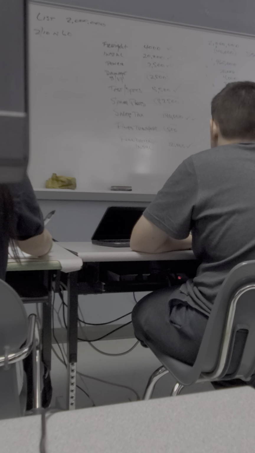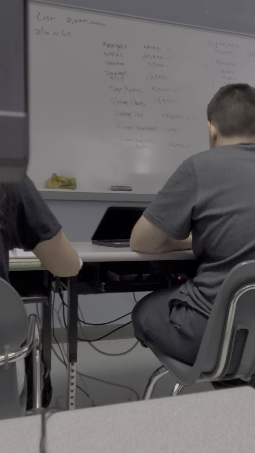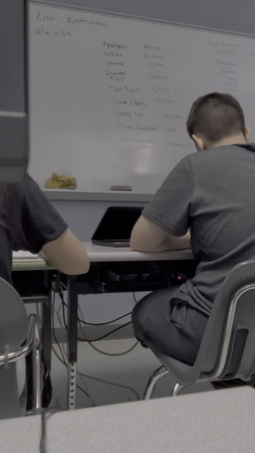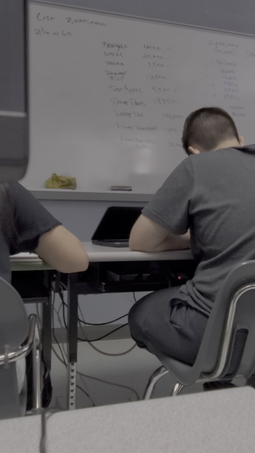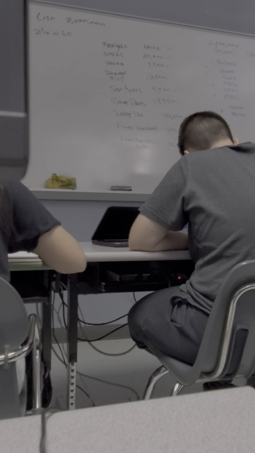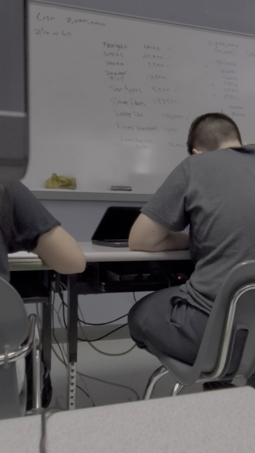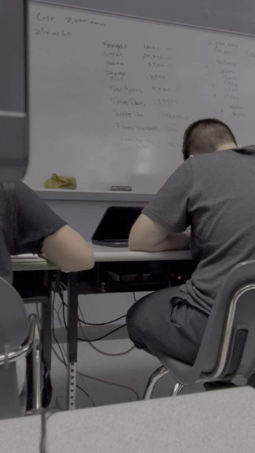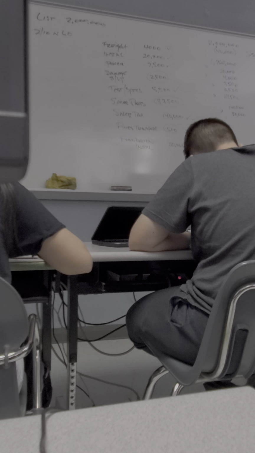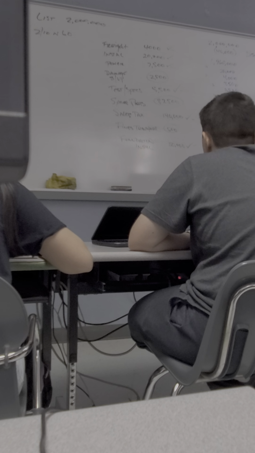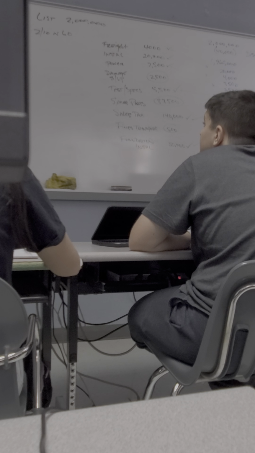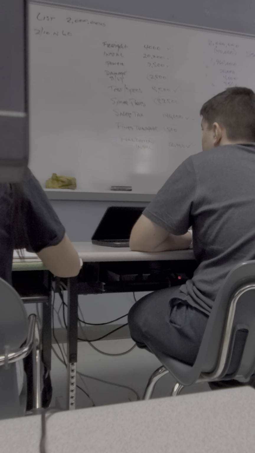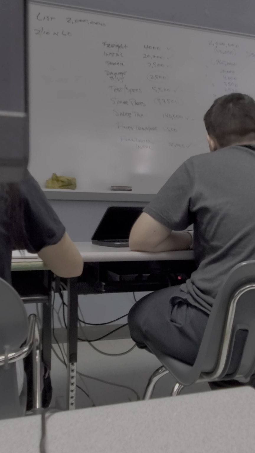So let's do a little bit of math here. 1,960,000 plus 24,000, plus 7,000, plus 87.5, 140 grand, 30 grand. What was the last one? We got 500.